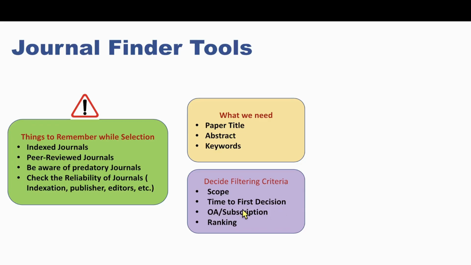Open access and subscribed version is also important, meaning what mode the journal is publishing in. Remember, if we are not intending to pay anything, we will need journals that are either publishing in subscribed version or have a hybrid approach of using both.